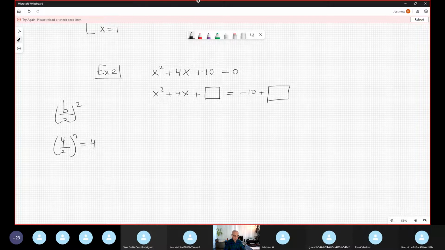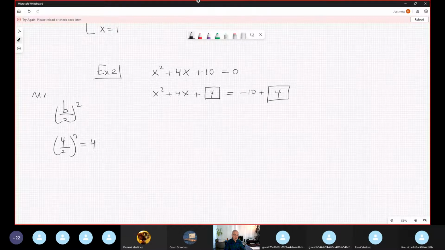It does not always happen, but in this example it happens. Okay, the magic number is 4. You put a 4 here, and you put a 4 here. Do you follow me? Yes. This is the formula for the magic number that helped me to complete the square.